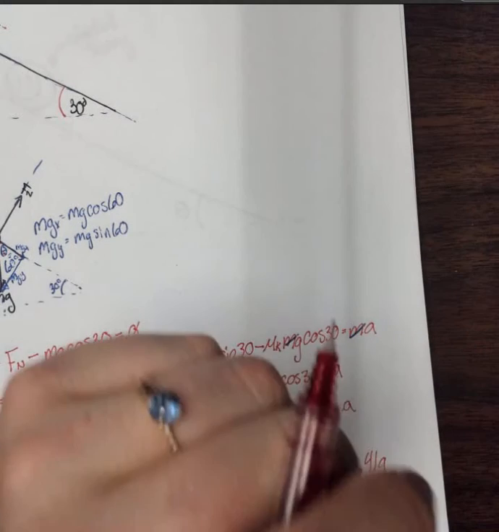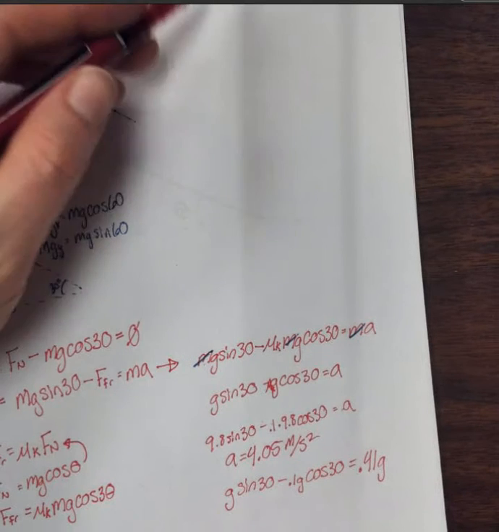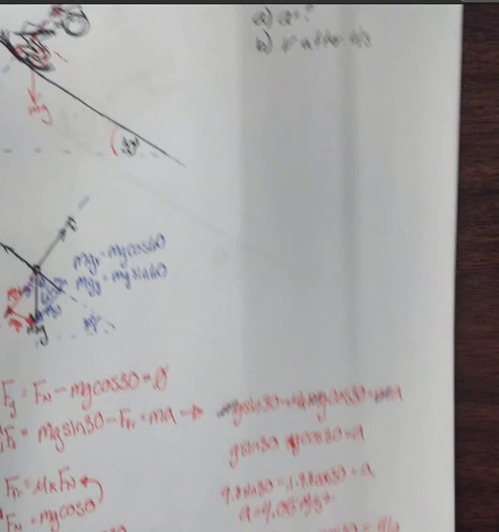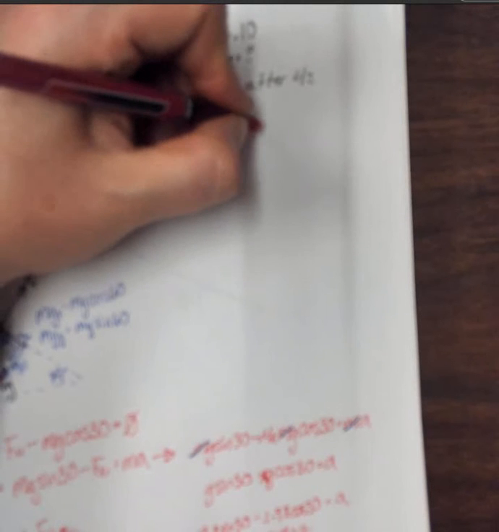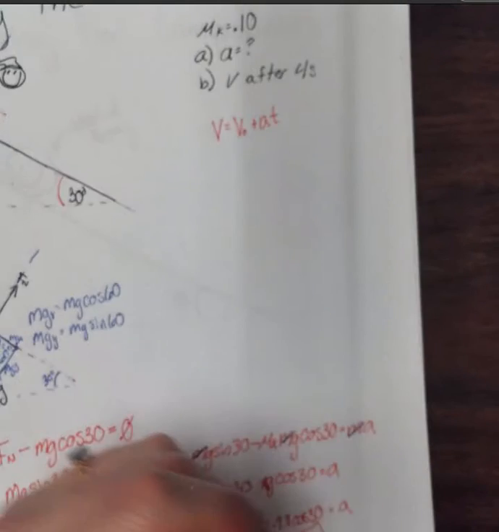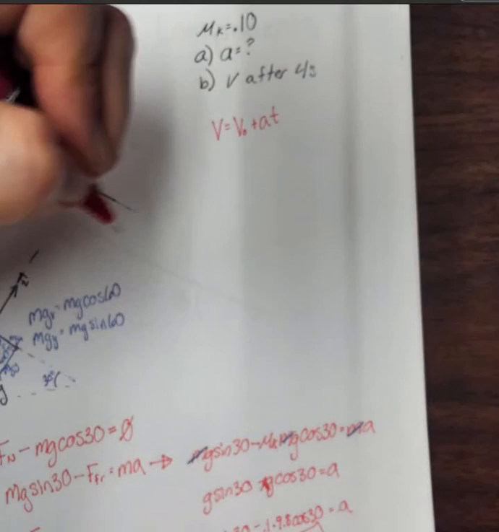So, now that I know what the acceleration is, I can figure out what the velocity is after 4 seconds. And I can do that because I know that the velocity is going to be equal to the initial velocity plus acceleration times time. I resolved my acceleration right here. So I get two significant figures because that was my limiting amount.